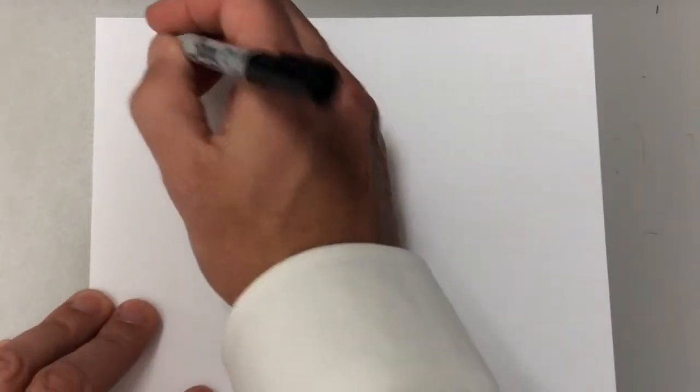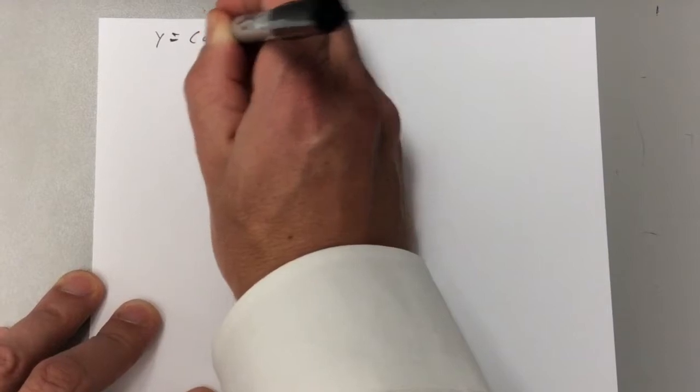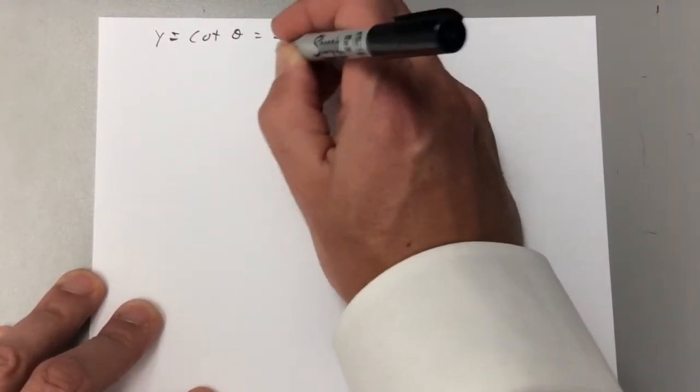And now for cotan theta. Well, cotan y equals cotan theta, which equals 1 over tan.